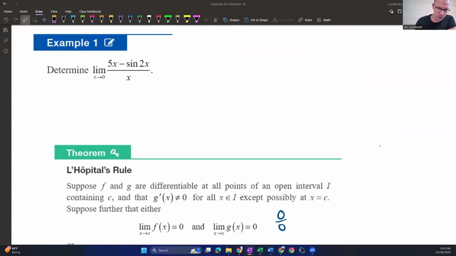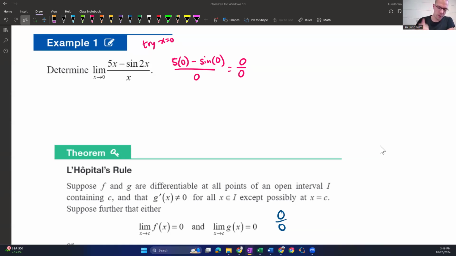If we were going to just try to plug it in first, that would give us 5 times 0 minus sine of 0 over 0. 5 times 0 is 0, sine of 0 is 0, 0 minus 0 is 0. So we are in an indeterminate form, where we want to be in order to do L'Hopital's rule.